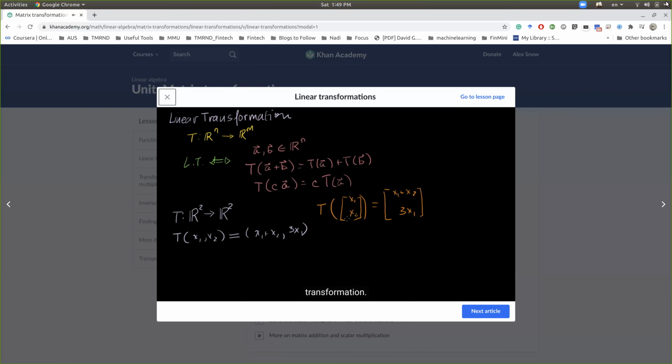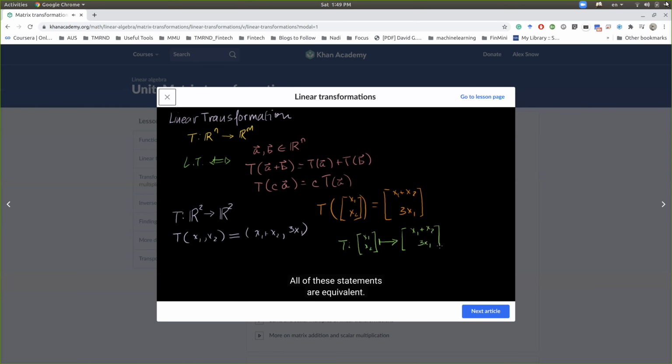And a third way, which I never see, but to me it captures the essence of what a transformation is. It's just a mapping, or it's just a function. We could say that the transformation is a mapping from any vector in R2 that looks like this, x1, x2, to a vector that looks like this, x1 plus x2, and then 3x1.